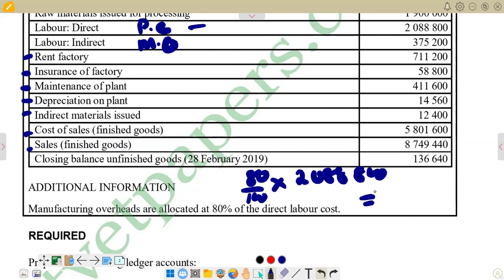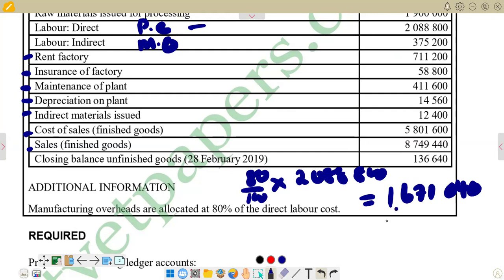If you calculate like that, you are going to get an amount of 1,671,040. So this is the amount that should be the total for manufacturing overheads. In other words, this is the amount that is supposed to be transferred to production control.